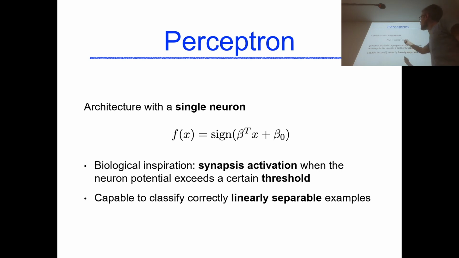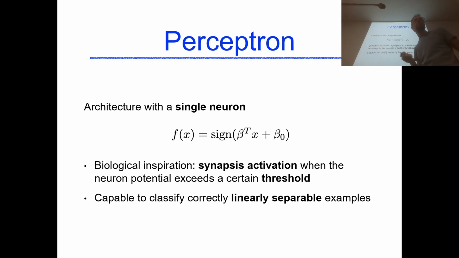So this linear classifier aims to learn a function which is simple, a sign function, okay? So based on the input data, learn some parameters that enable me to discriminate between a positive example and a negative example. It has a biological inspiration, as the name suggests.